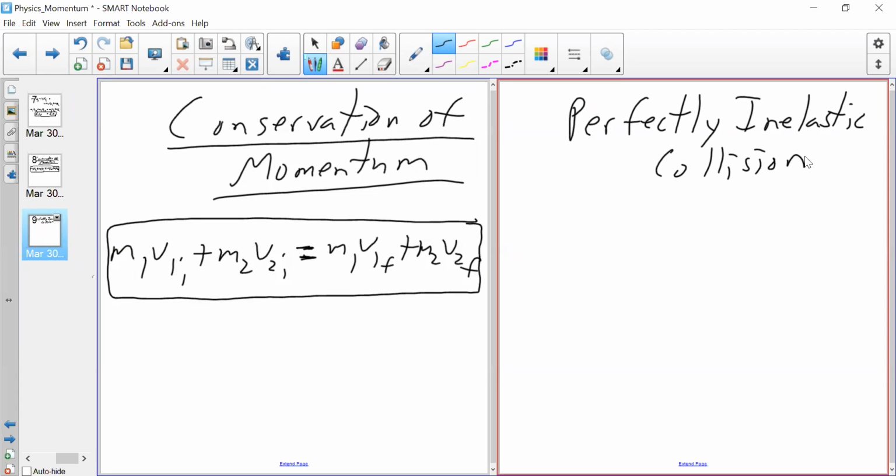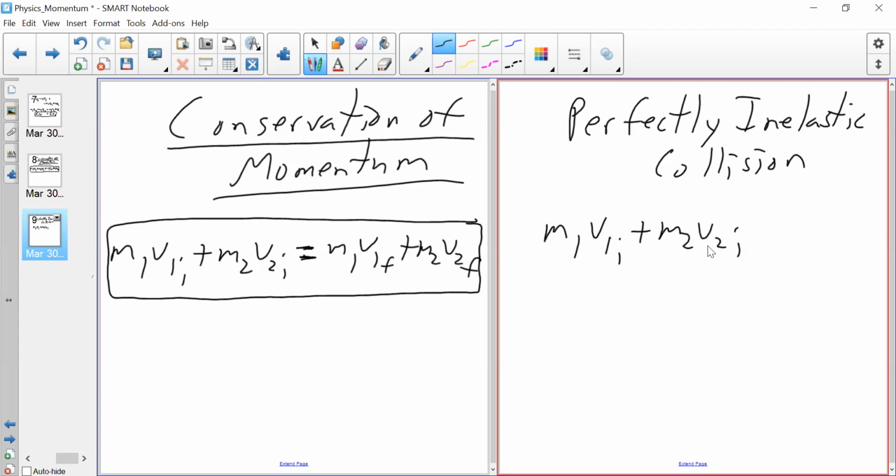or let's say relative to that problem, or any problems of this type, really. So let's say we have M1, V1, initial. Let's say both of these objects were either at rest, or let's say that one of them was moving and the other one was at rest.